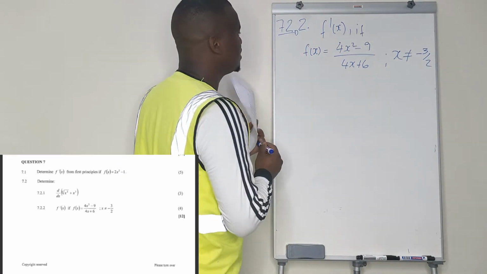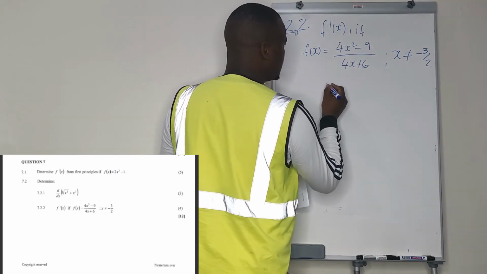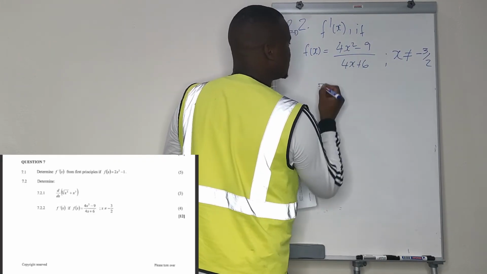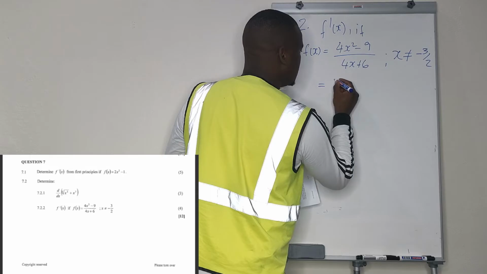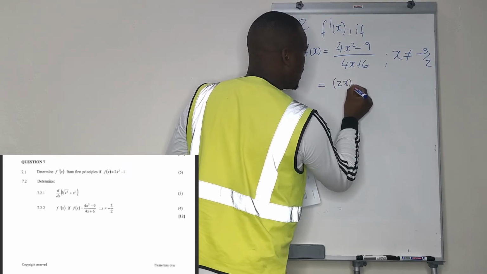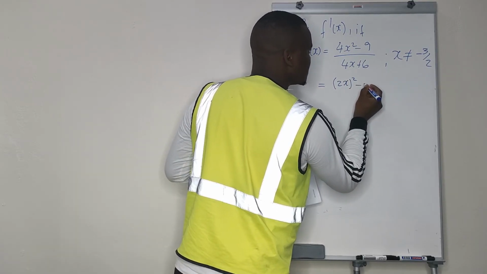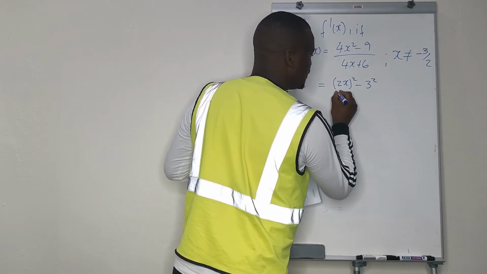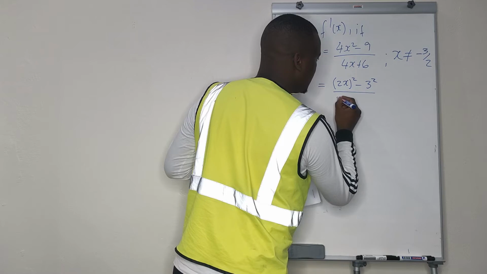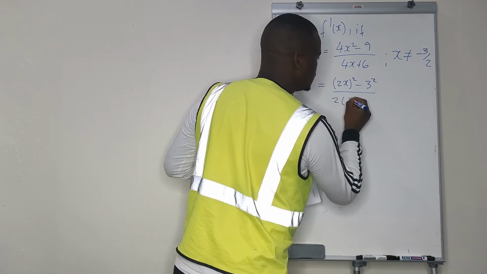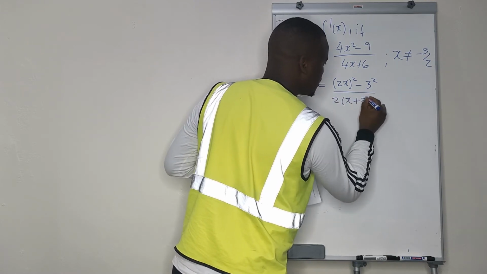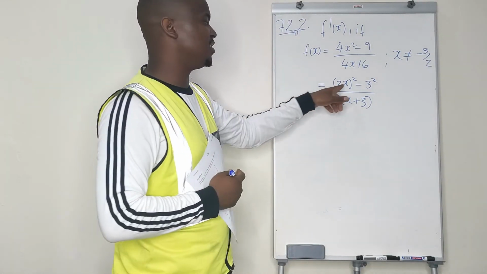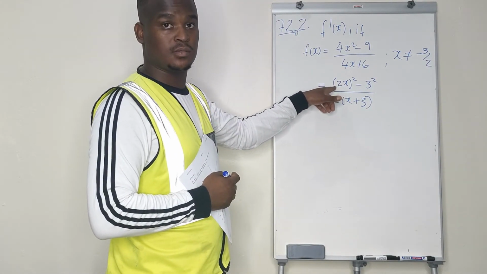So to do this, we can say, okay, at the top we have (2x) squared minus 3 squared, right, over 2 into (x plus 3). So as you can see, at the top we have a difference of 2 squares, right?